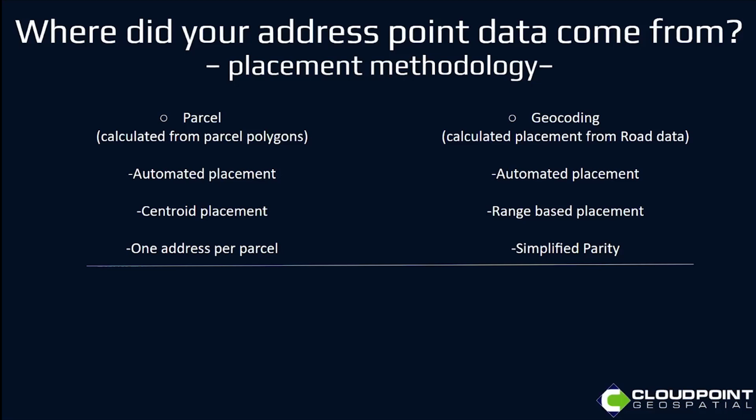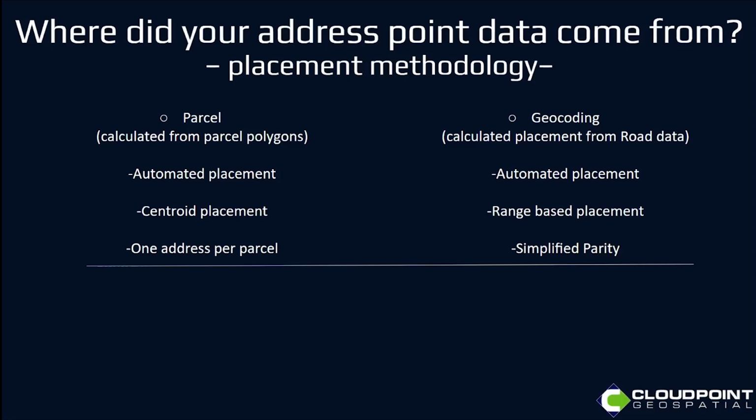One, it's a centroid placement, so it's going to look at the parcel shape and find the center of that shape and put the point there. That doesn't mean that it's necessarily on where the entrance is or the site or the building. So it's just a general in the middle placement. Also, parcel addresses are limited to 1 address per parcel. So you usually will have a site field or site address for parcel information, and that's usually what is used to populate those address points.